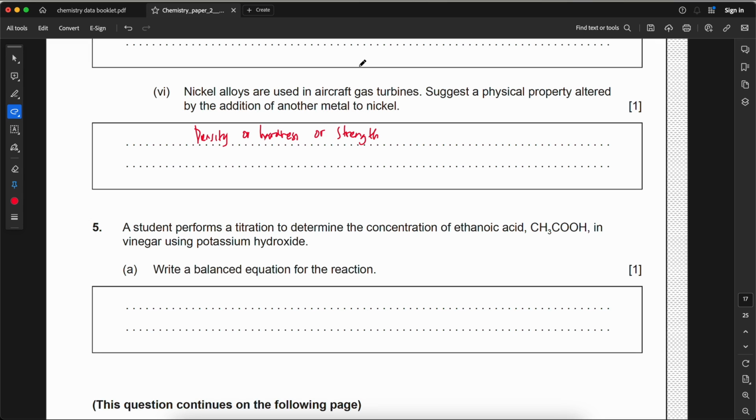So it's not regular anymore. Therefore, the layers cannot slide over one another. And this will make the alloy more dense or more hard, because now it cannot be bent into a shape anymore, cannot be hammered or drawn into a wire. So it is also stronger compared to regular metal, or I mean when it is not an alloy.